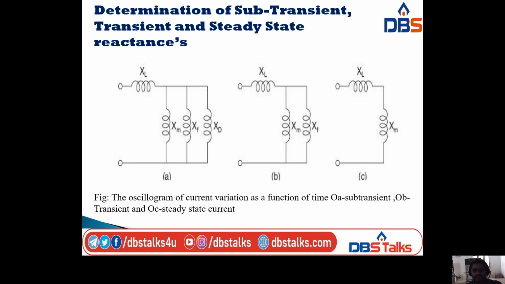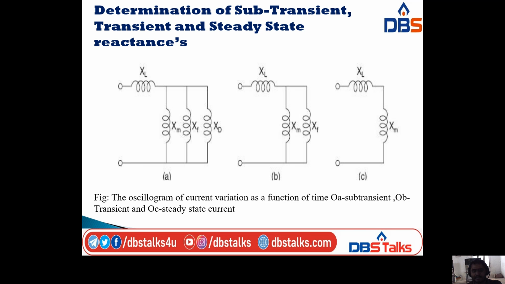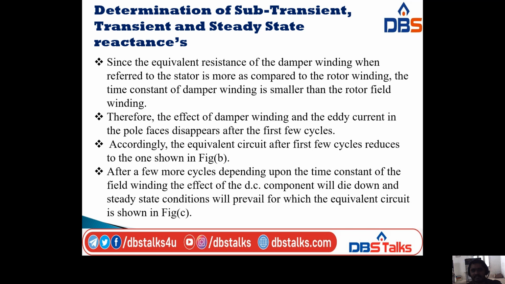Since the equivalent resistance of the damper winding when referred to the stator is more as compared to the rotor winding, the time constant of the damper winding is smaller than that of the rotor field winding.